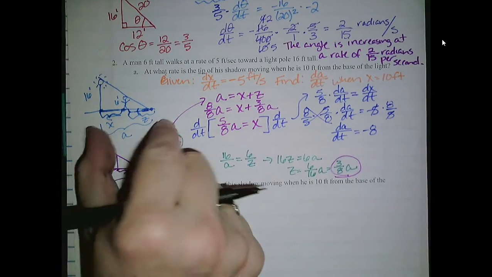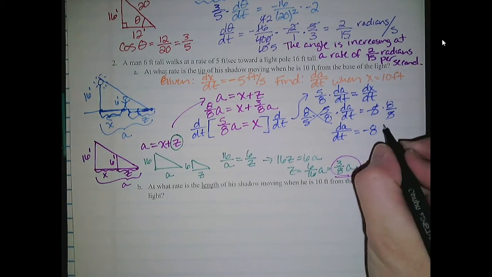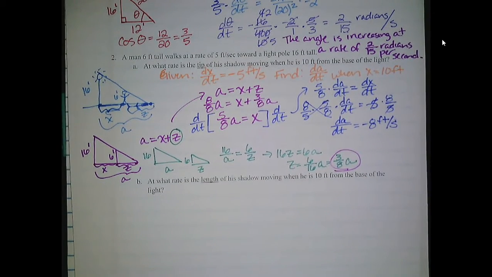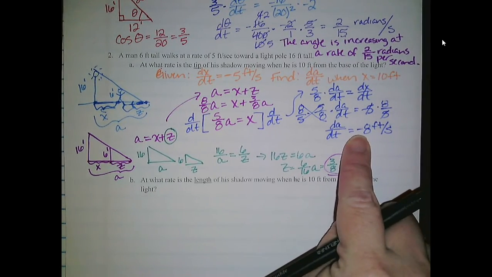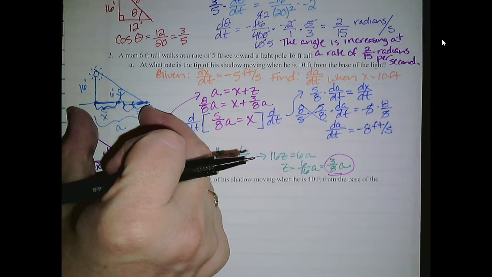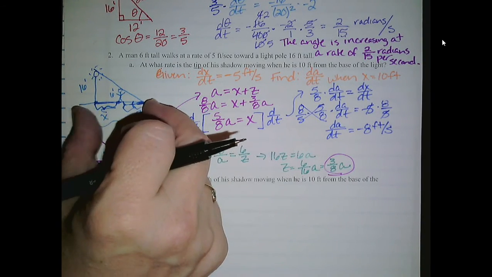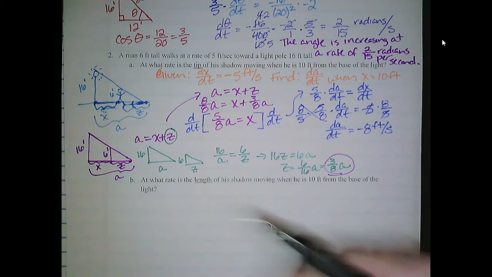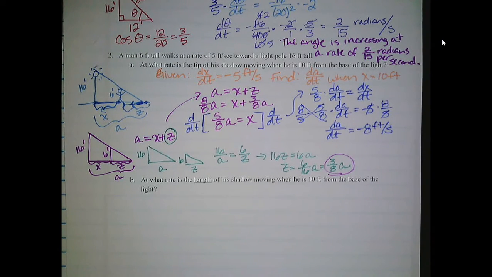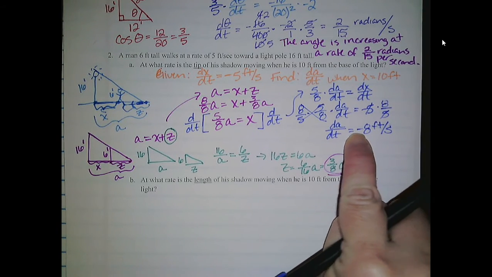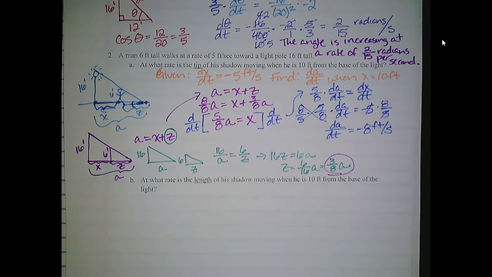And again, we're talking about length here, so that will be in feet per second. The reason that we get a negative here is because we're talking about a, the total distance between the tip of his shadow and the pole. So what we're saying is that as he is walking towards the pole at a rate of 5 feet per second, the tip of his shadow will be moving towards the pole at a rate of 8 feet per second.